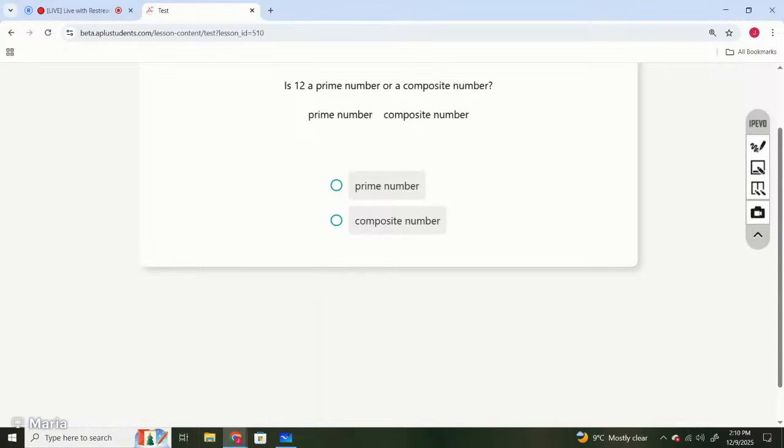Is 12 a prime number or a composite number? 12 is a composite number. Option number 2 is the correct option.